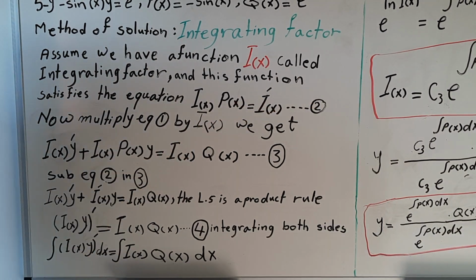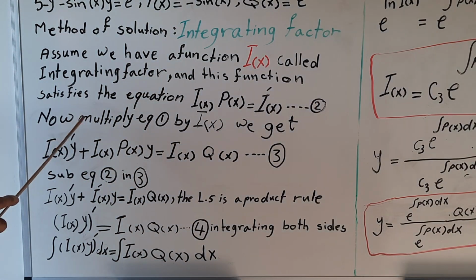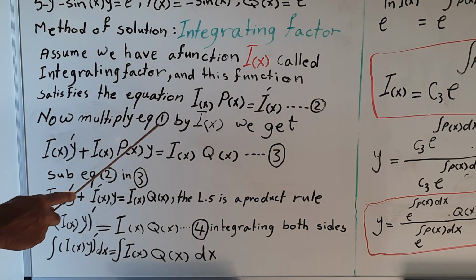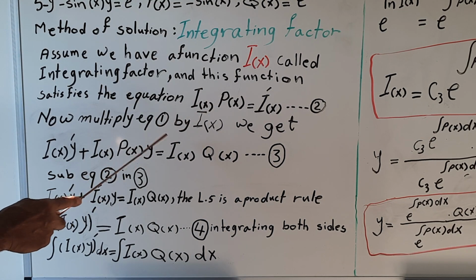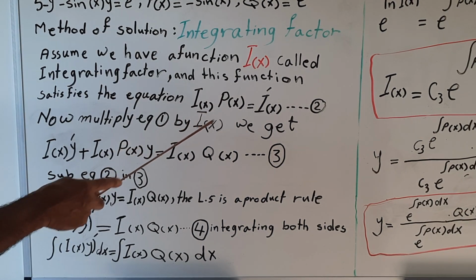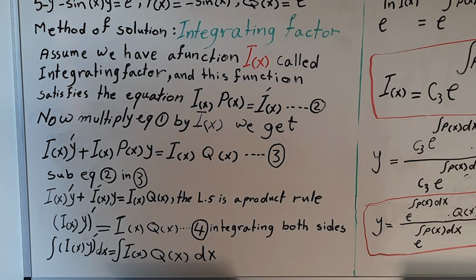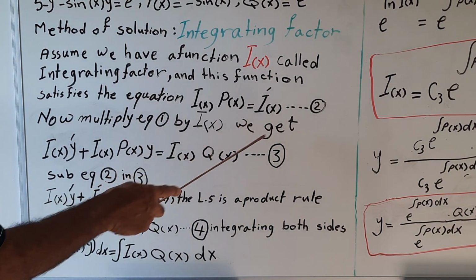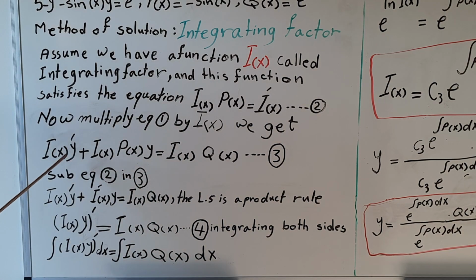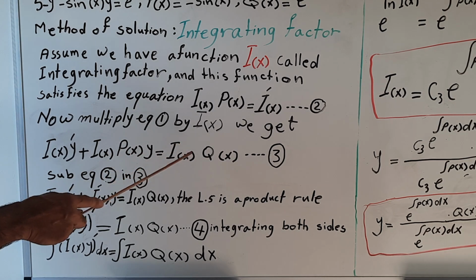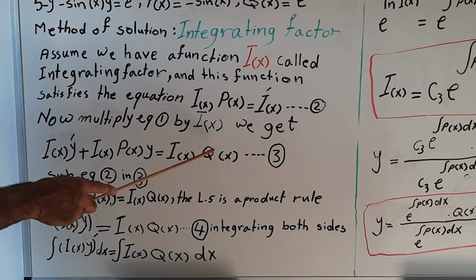This is equation 2. Now multiply equation 1 by I of x, the function that we just assumed. So we get I of x times y prime plus I of x times p of x times y equals I of x times q of x.